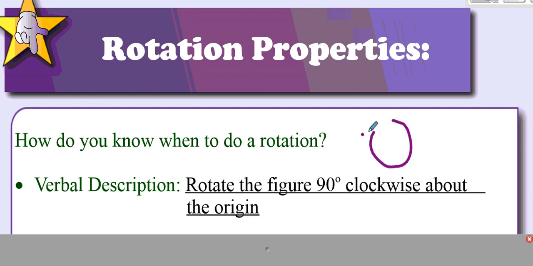Goes that way. That's clockwise. And obviously counterclockwise would be the other way.